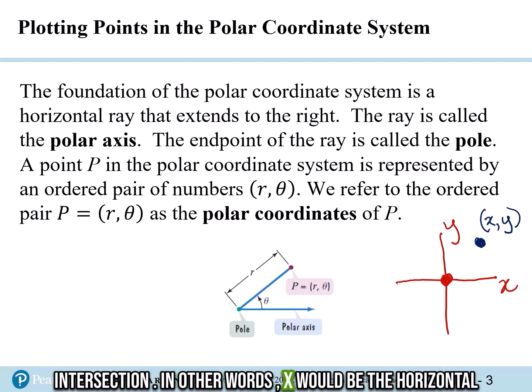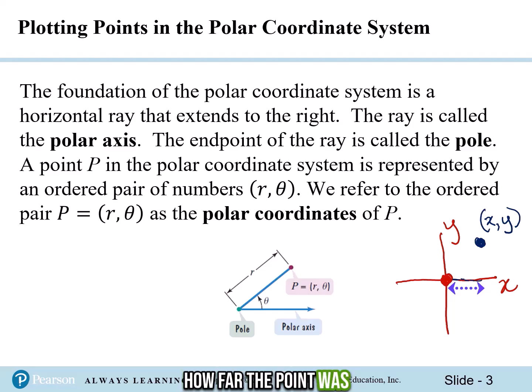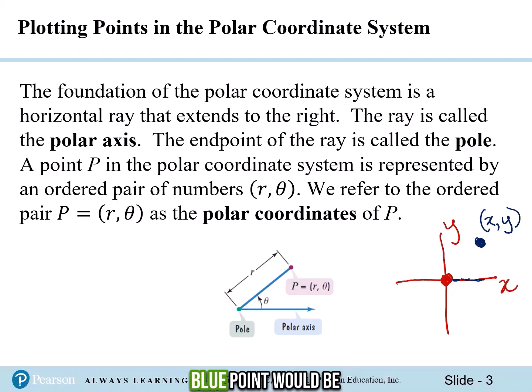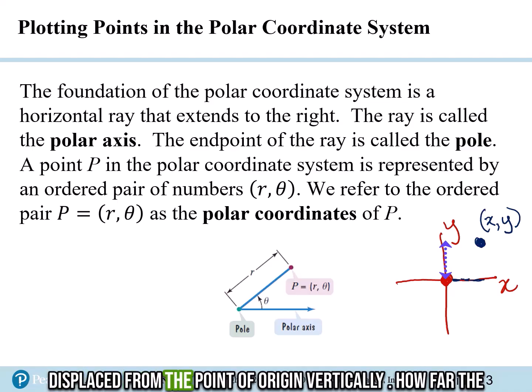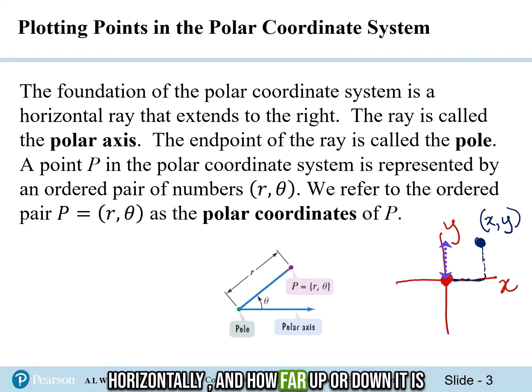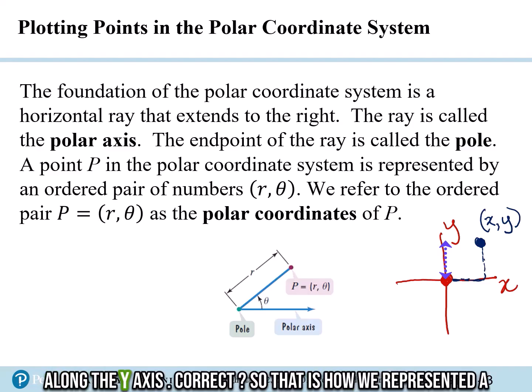In other words, x would be the horizontal displacement of the blue point from the point of origin, how far the point was along the x-axis, and y represented how far this blue point would be displaced from the point of origin vertically, how far up or down it is relative to the point of origin along the y-axis, correct?